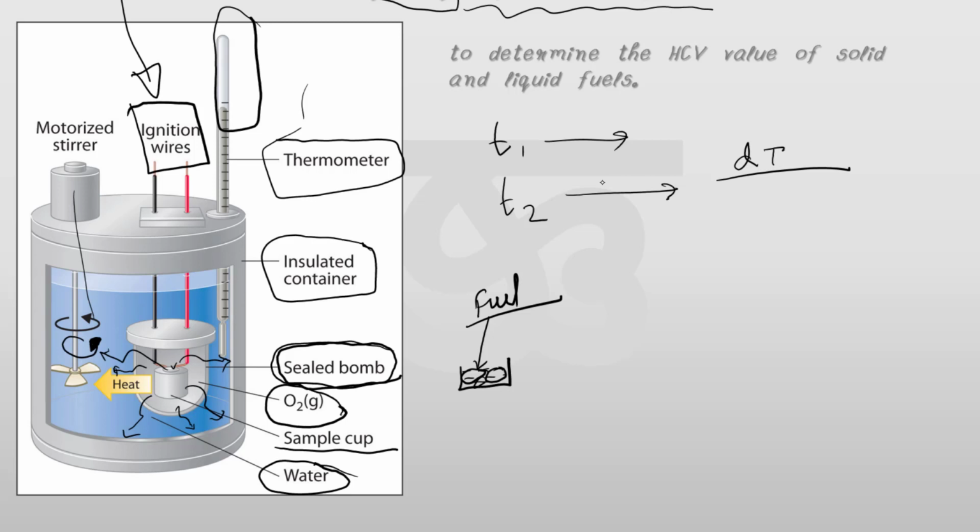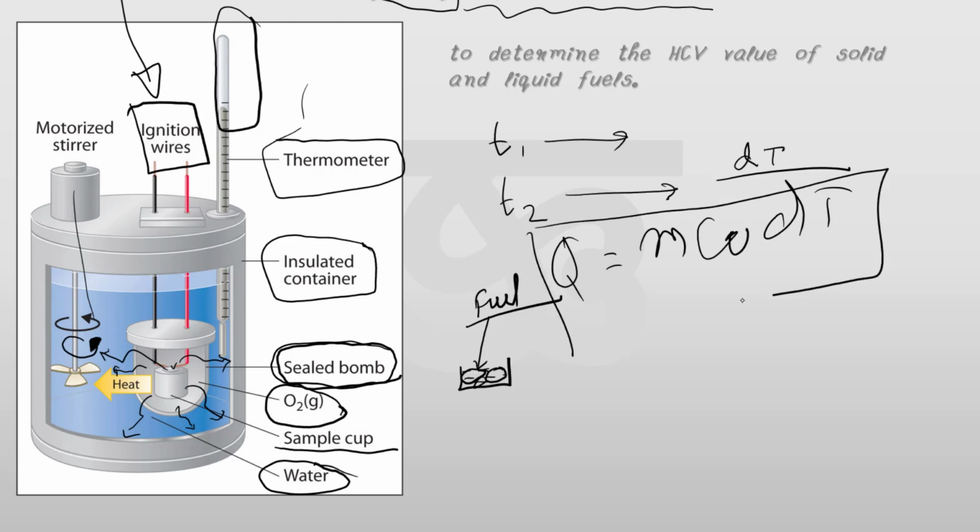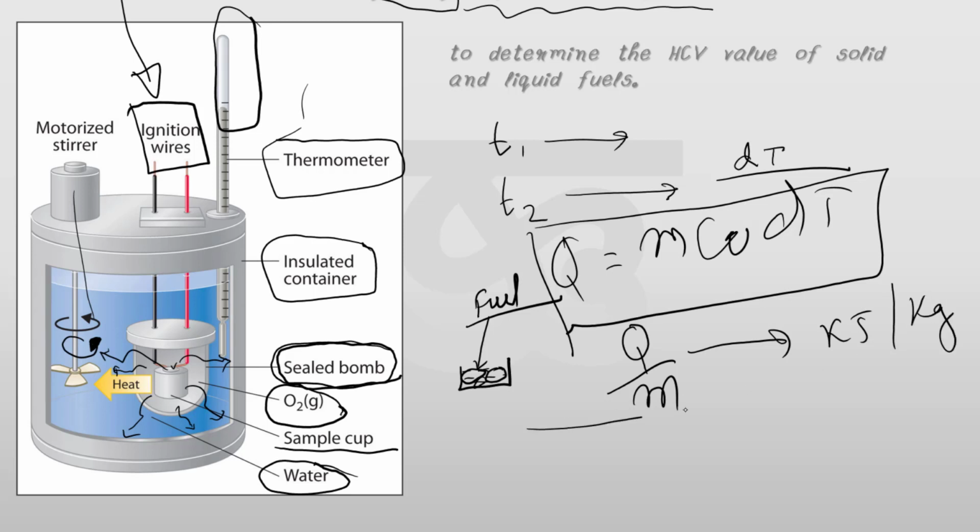Constant volume, very good. So definitely we can say Q = m Cv dT. From that we can calculate the Q. And if we calculate the amount of heat divided by mass, then what is this? Kilojoule per kg. And this is the calorific value of the fuel.